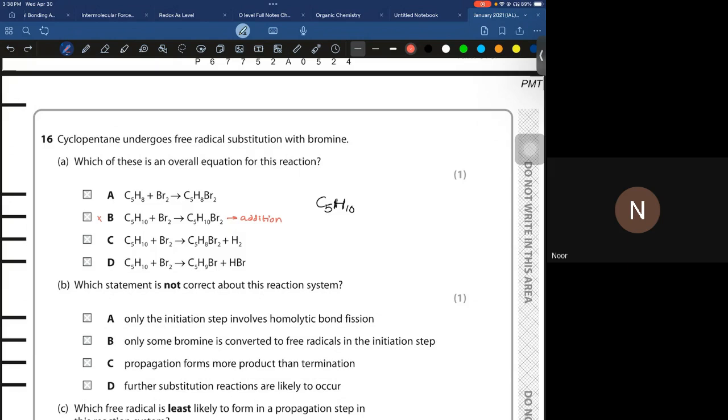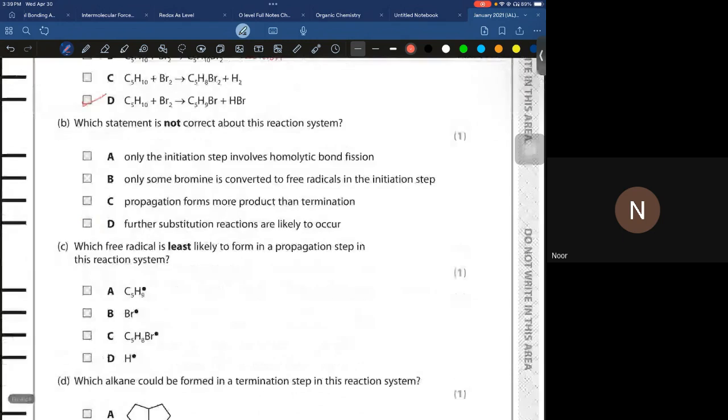C is incorrect. In free radical substitution reaction, we have never learned that hydrogen was forming. Only HBr was formed. So that's why this is the free radical substitution reaction. That's it.